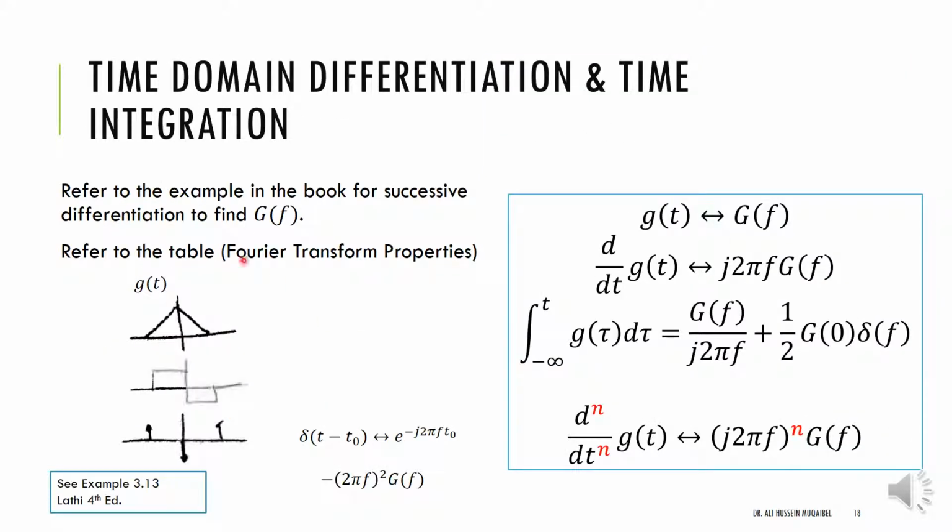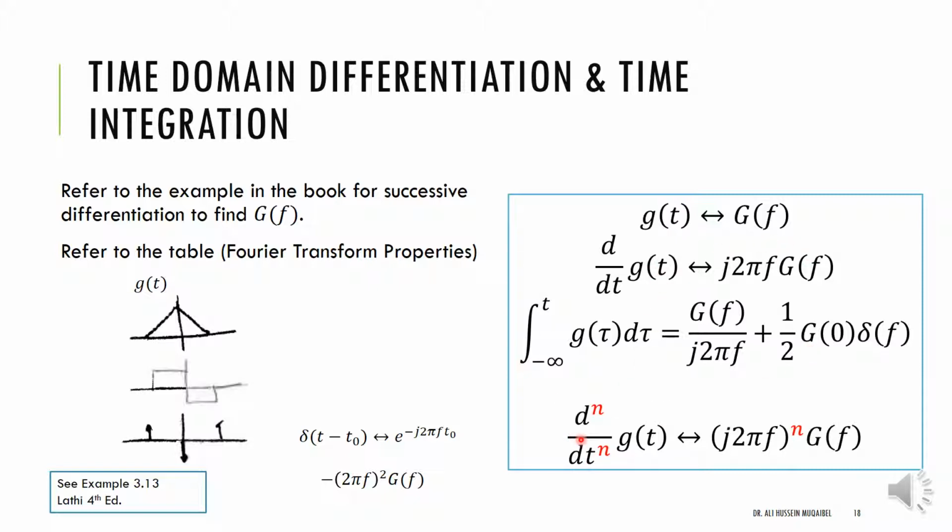Okay, we can also do time domain integration and differentiation. In the frequency domain, differentiation amounts to multiplying by j omega or j2 pi f. Integration is dividing by j omega. If you have initial values, you have to be a little bit careful. So we can also generalize the differentiation.